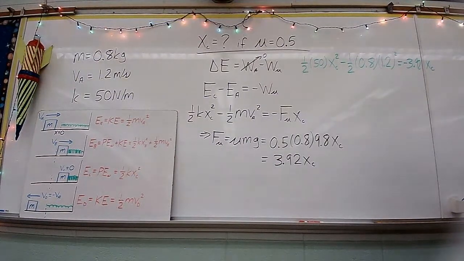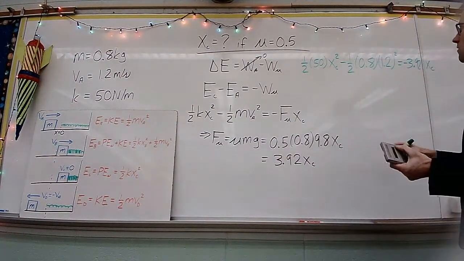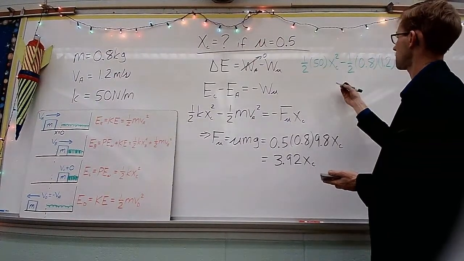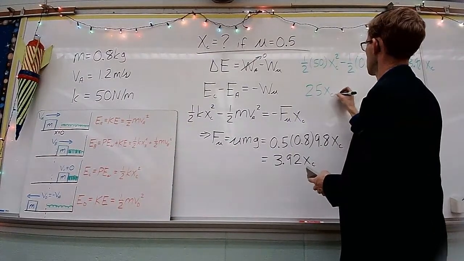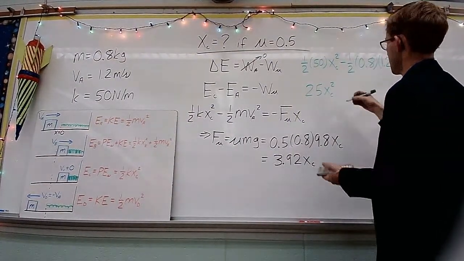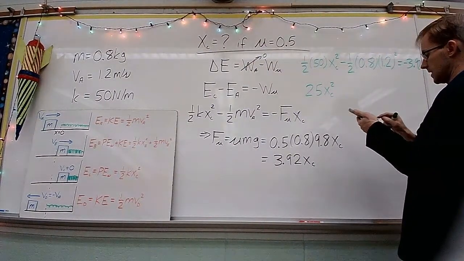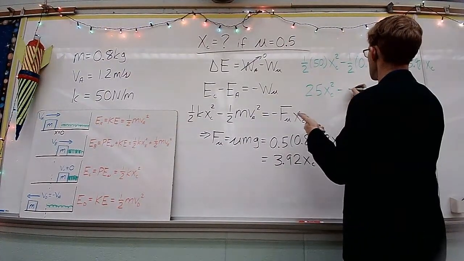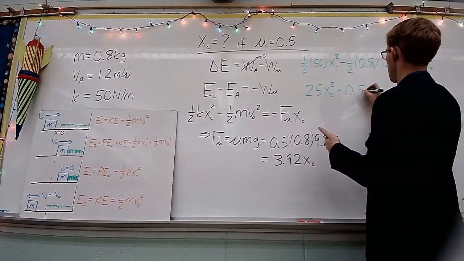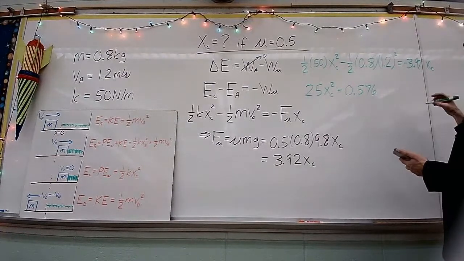So, well, let's get this down into some nicer numbers here. 1/2 times 50 is 25. So we've got 25 x squared. This one, 1/2 times 0.8 times 1.2 squared, 0.576. And then over here, we've got 3.92.